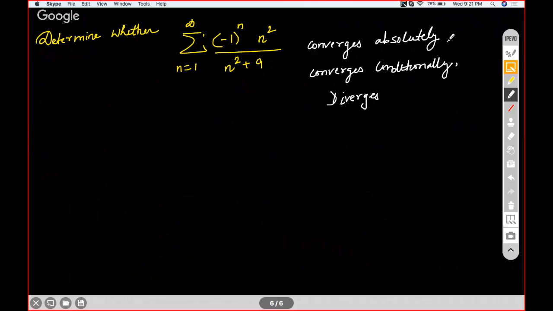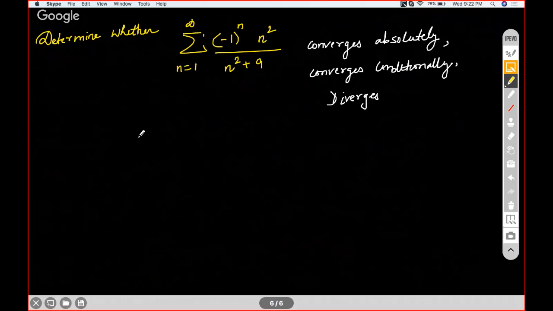Which of the three options? It diverges, right?